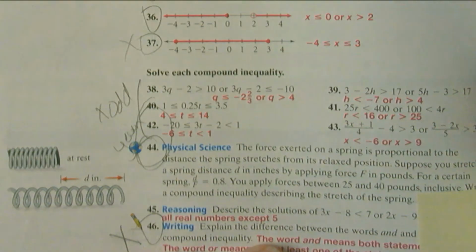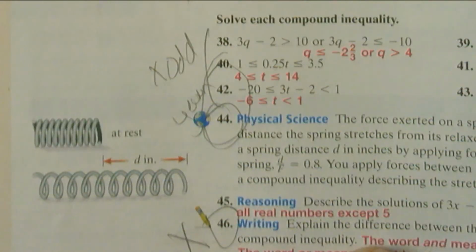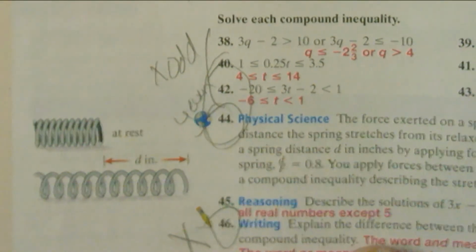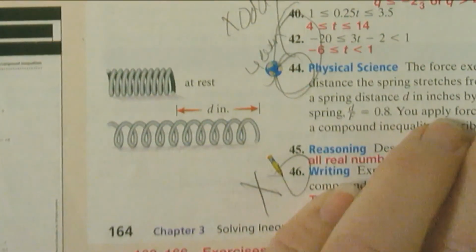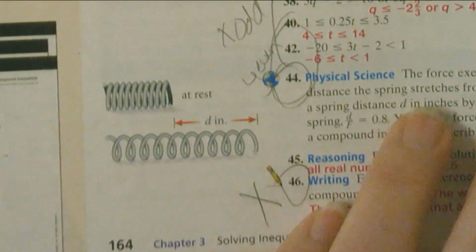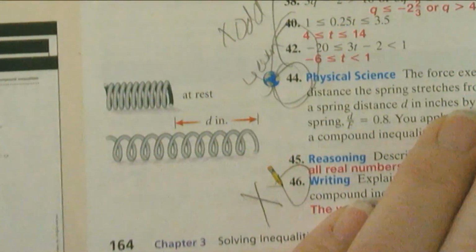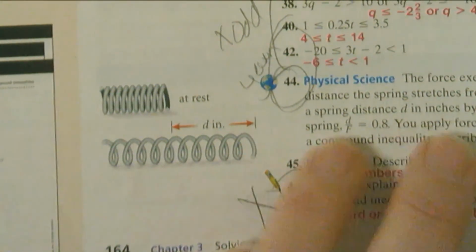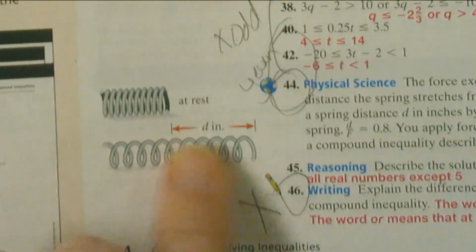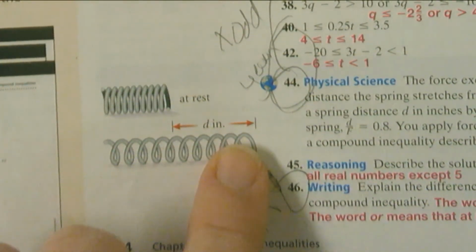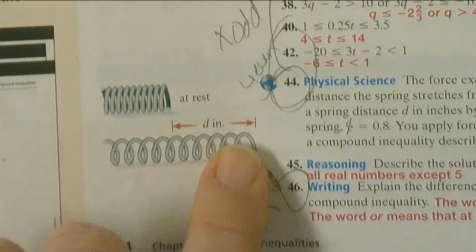This picture goes with it. So we're talking about a spring. Take a look at this picture, and I'm going to read to you what this says, and then I'll show it to you. The force exerted on a spring is proportional to the distance the spring stretches from its relaxed position. Suppose you stretch a spring a distance D in inches, applying a force.